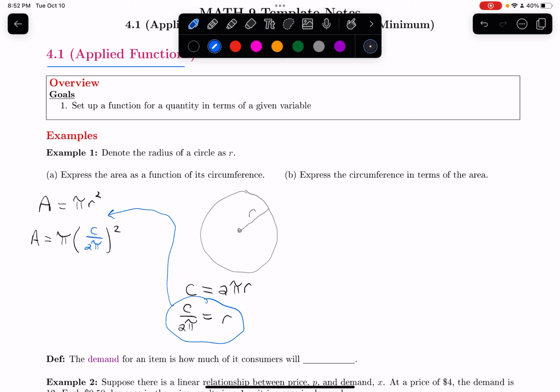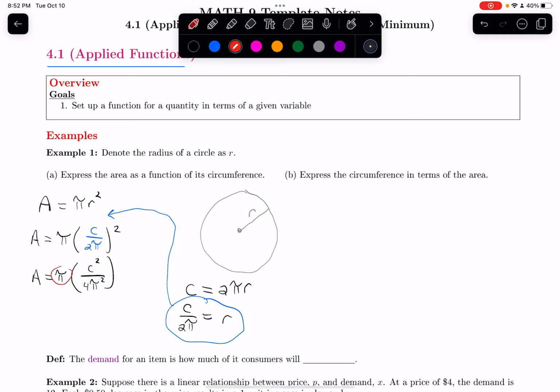Okay, and I can simplify this a little bit. If I'm dividing two things and there's a power on that whole thing, I get to distribute the power. Remember, I can distribute a power if I'm either dividing terms or multiplying terms, but I can't distribute a power if I'm adding or subtracting. Doing that, I keep the pi in front, and distributing the power to the top and bottom, I get c squared over 4 pi squared.